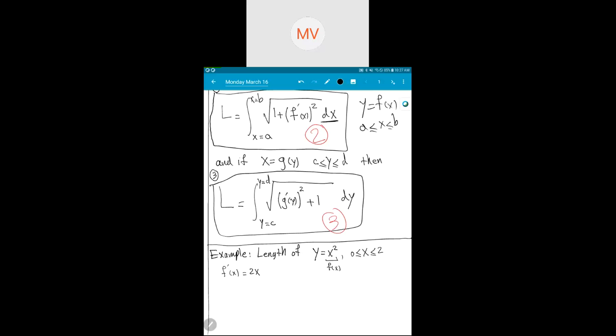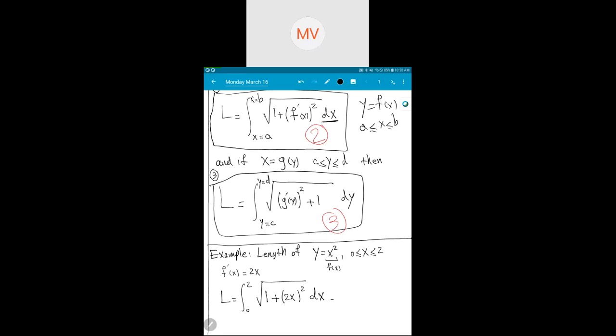Okay. Now the length formula is the integral from 0 to 2 of the square root of 1 plus the derivative, not the function itself, the derivative, this guy, 2x squared, this whole thing happening under the square root, and then dx.